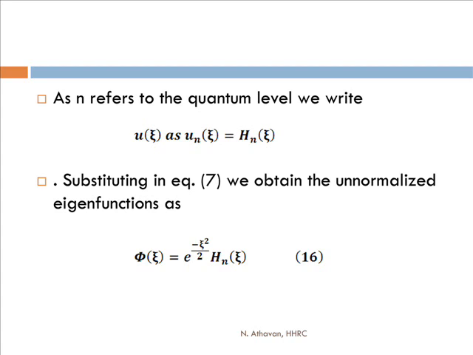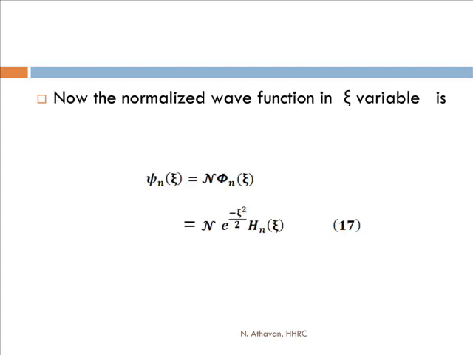Substituting the value of u_n of z in the definition of phi of z, we get the unnormalized eigenfunctions as phi of z, which is equal to e power minus xi square by 2 H_n of z. Now the normalized wave function in z is psi_n of z is equal to N into phi of z. Previously we said this N is nothing but the normalization constant.